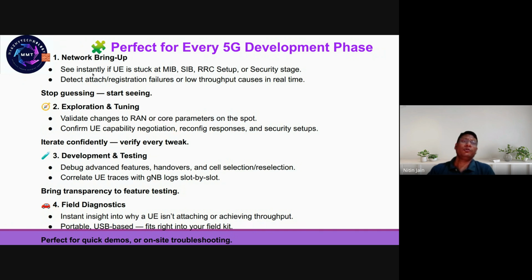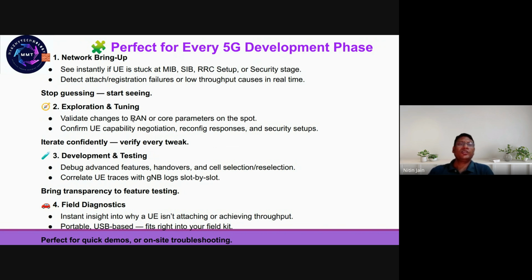Then very quickly you can see where the mobile is stuck. You can quickly find out whether it is an attach issue, registration failure, or if it is connected also, why is it having the low throughput?